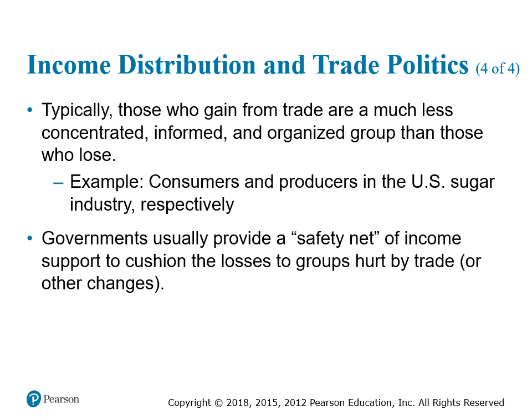For example, consumers and producers in the United States sugar industry is one example where, as you know, the United States imposes a high tax on imports of sugar, and as a result, they want to protect the farmers of the sugar industry.